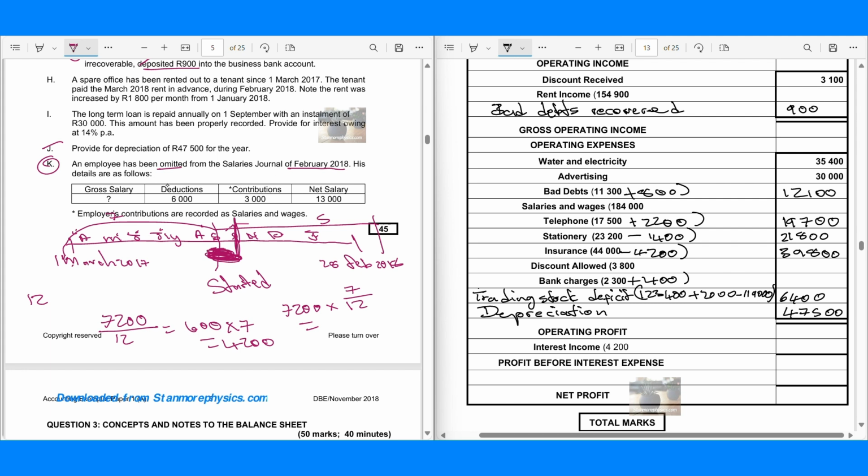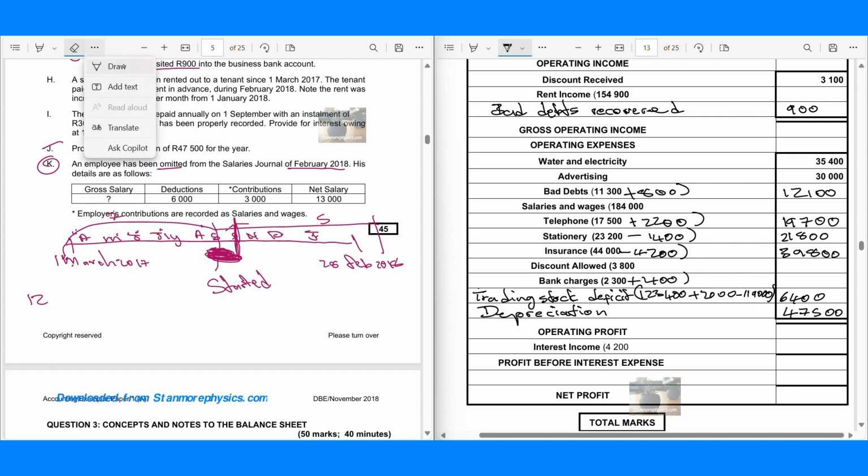They gave us net salary. They gave us deductions. And I taught you something. If you always study your books, you will remember this. I said that we need what? We need gross salary. That's what we are going to record in our salaries and wages.